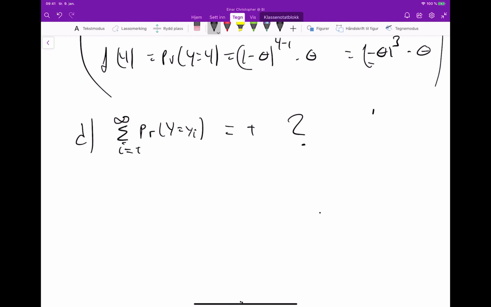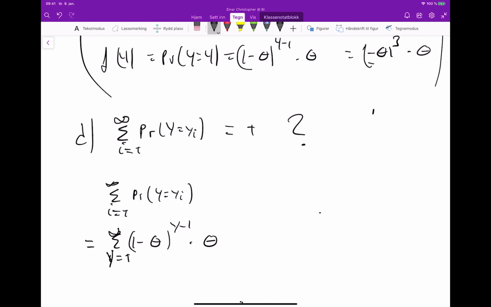We know that the sum from i equal 1 to infinity of the probability of y equal y_i is the same as the sum from y equal 1 to infinity of 1 minus theta to the power of y minus 1 times theta.